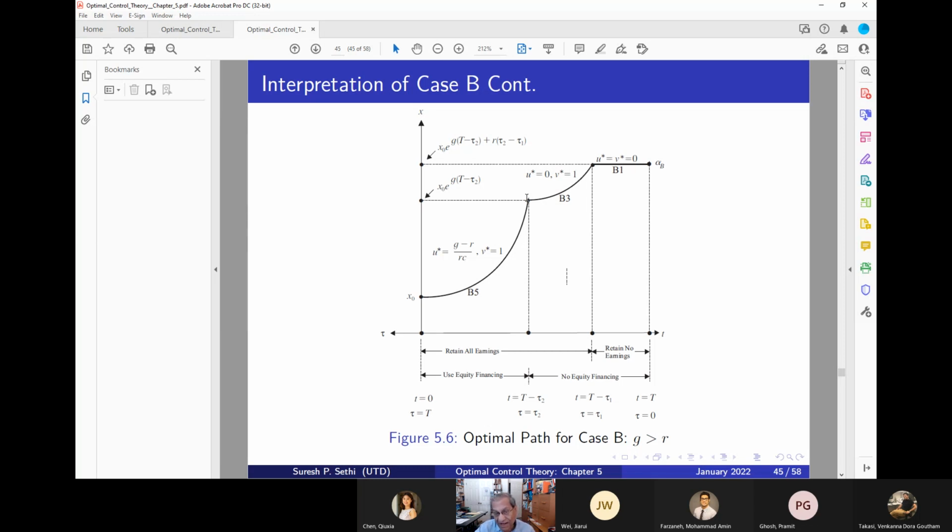Well, look what happens to that $1. From this point to this point, there's no external equity, so there are no new stockholders, only that $1. And all the earnings are being retained, so there is no dividend to be paid. So this guy, the new guy with $1, is not getting any dividend all the way up to here, at which point his dollar has grown to some value.